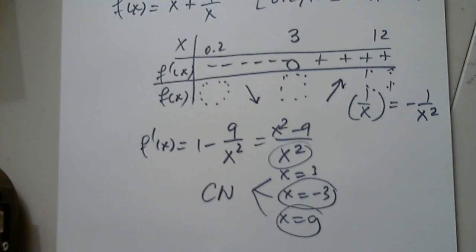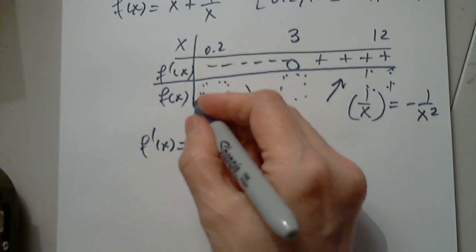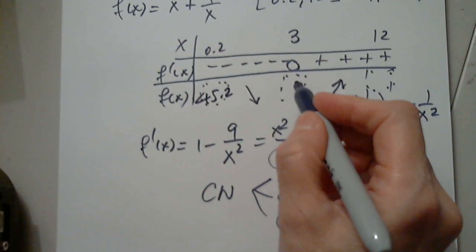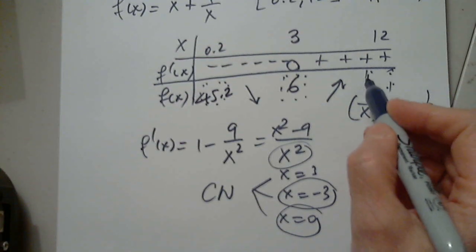So in y equals, I will delete whatever is there and enter x plus 9 over x. What I need to do now is just plug in, again, 0.2, 3, and 12. And I copy 45.2, I copy 6 and 12.75.